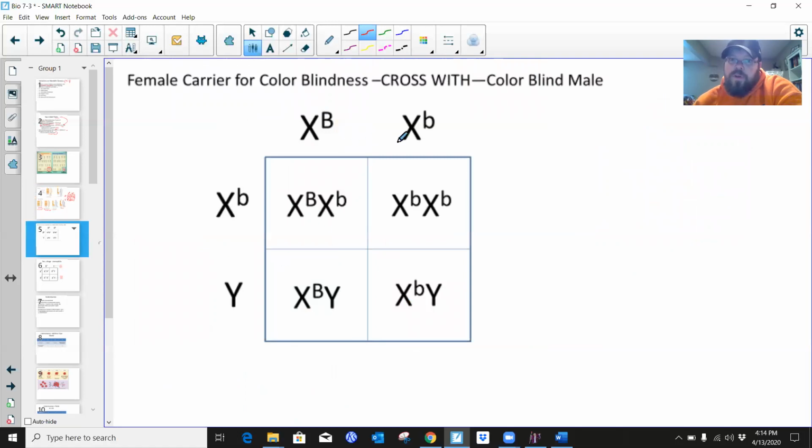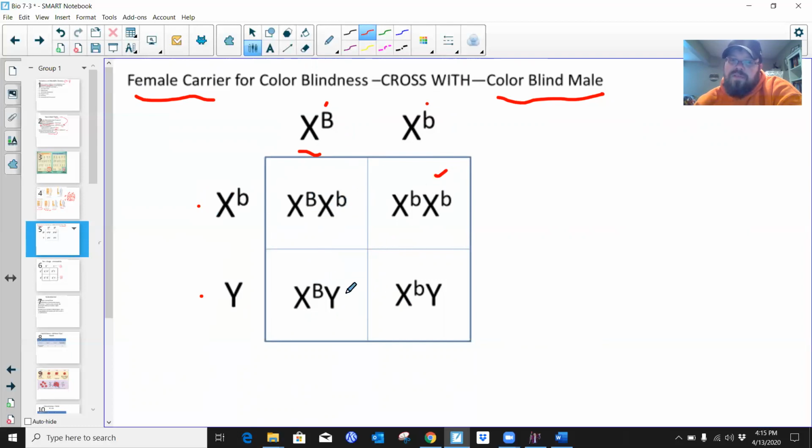Okay. So let's say we have a female carrier, carrying color blindness, and then a colorblind male. So here would be a possibility in which you could end up with a female that is colorblind. Here's the female carrier. She's got the normal allele and the defective allele using the lowercase. Here's the colorblind male. There is a 50-50 chance if they have a daughter that she could be colorblind.